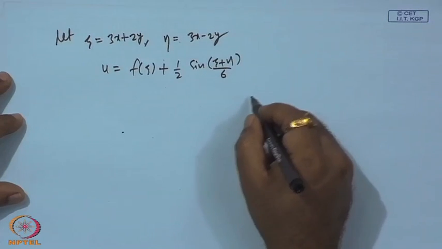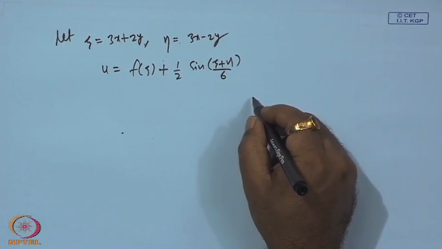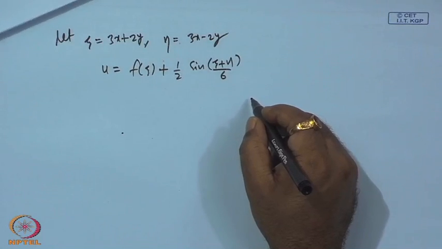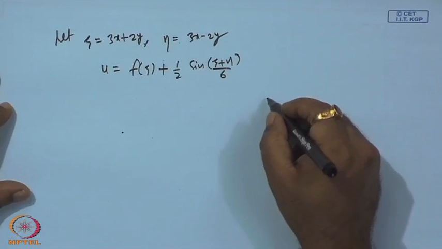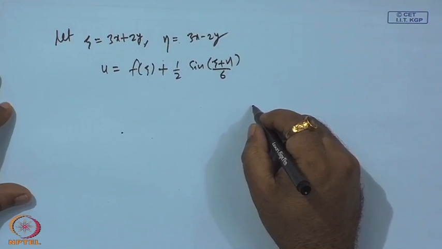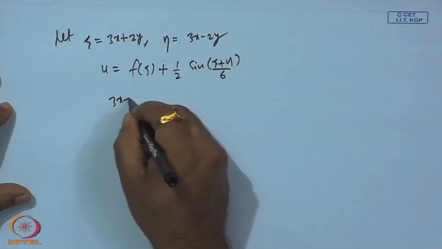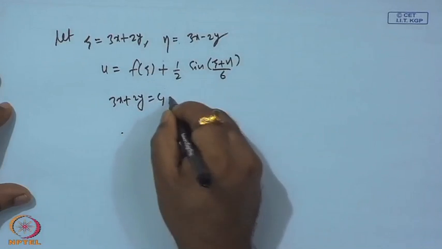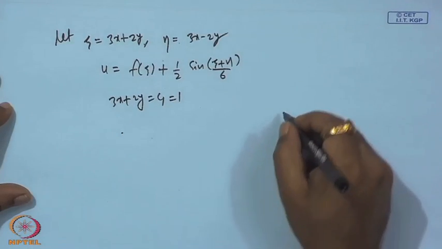So, what is the scenario geometrically? You can see, suppose this is 1. Okay.